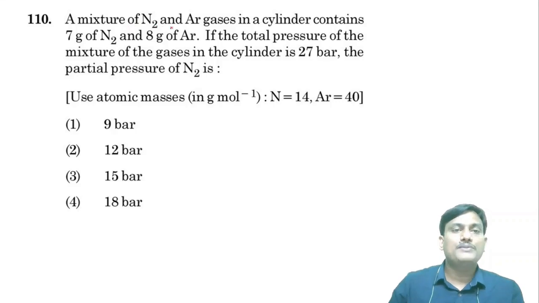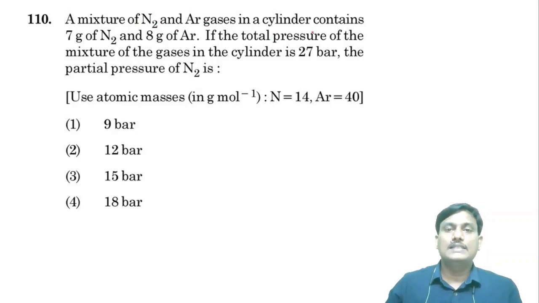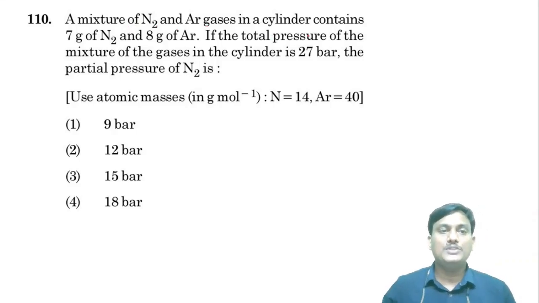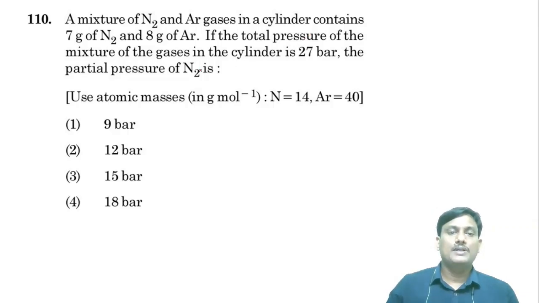A mixture of N2 and argon gases in a cylinder contains 7 gram of N2 and 8 gram of argon. The total pressure of the mixture of the gases in the cylinder is 27 bar. You have to identify the partial pressure of N2.